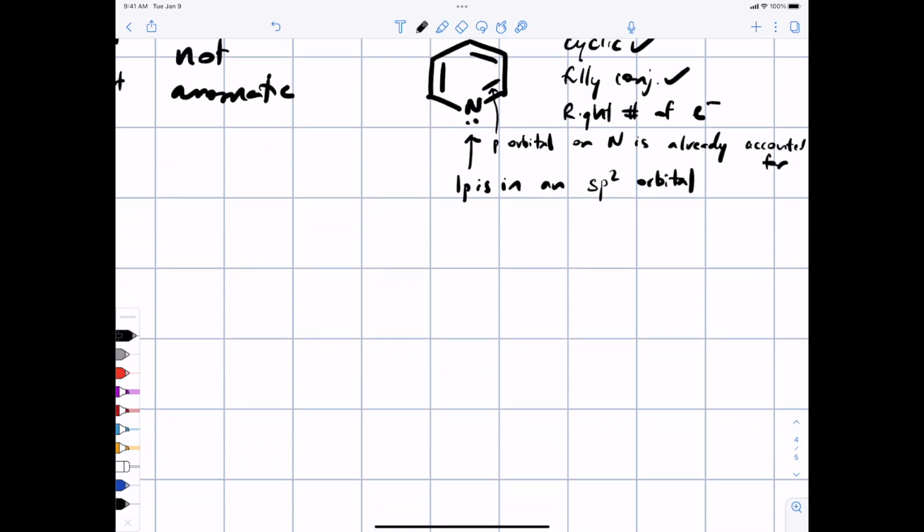Let's look at a side view of this molecule, sort of tilting it on its side. Here's the nitrogen. That represents the edge that's jutting out towards us.